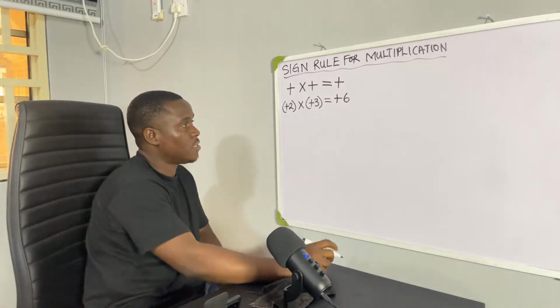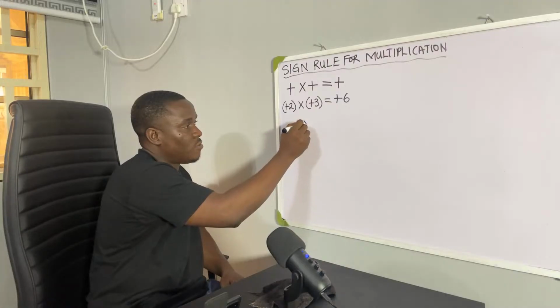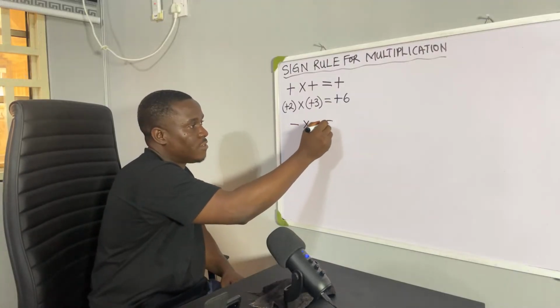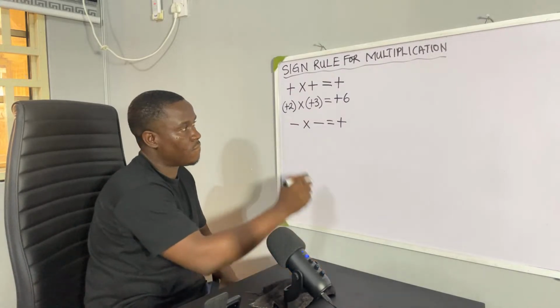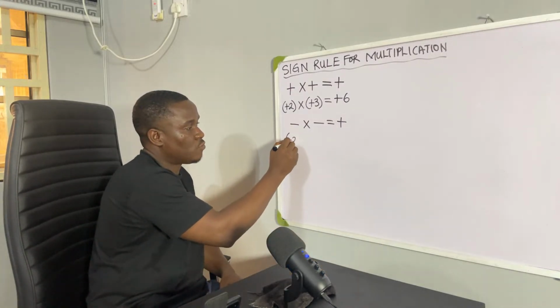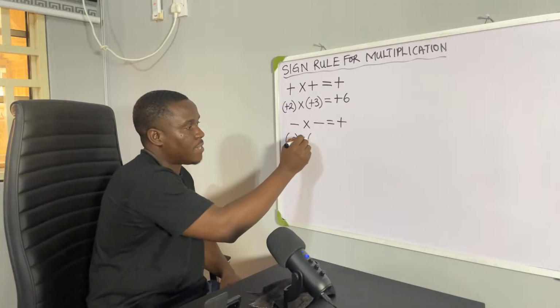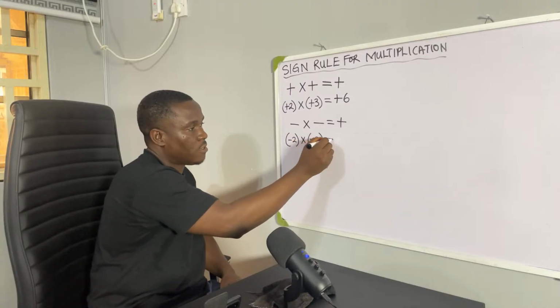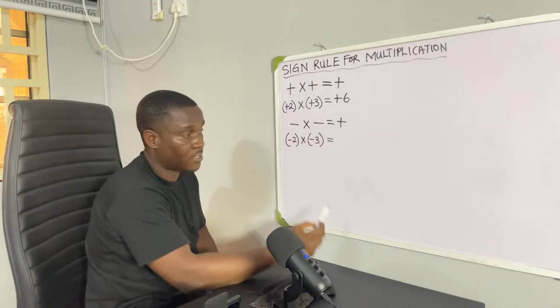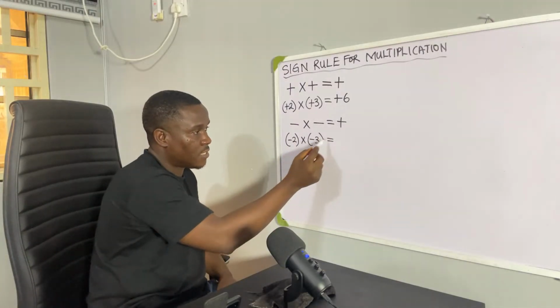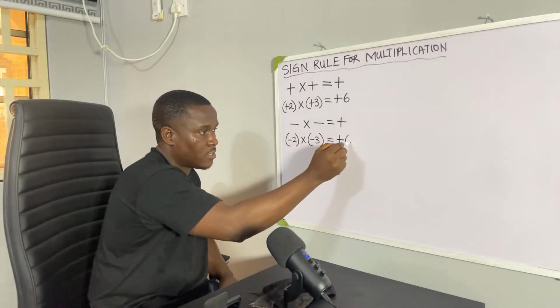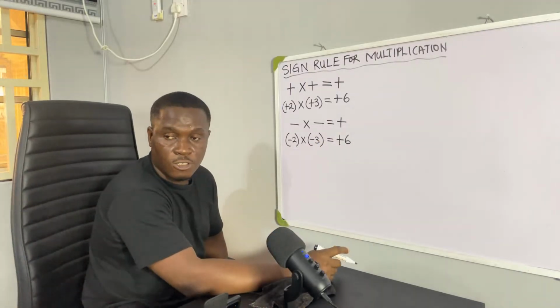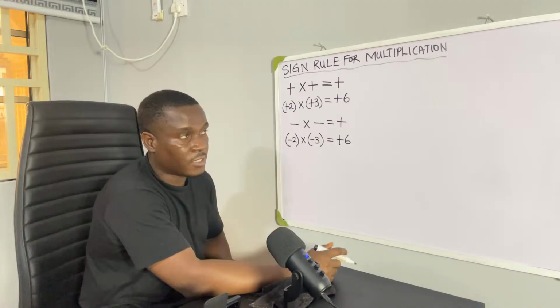Next, negative multiplied by negative will give me positive. That means negative 2 multiplied by negative 3. We first multiply the signs. Negative multiplied by negative, positive. 2 multiplied by 3, 6. So what is the summary of this?